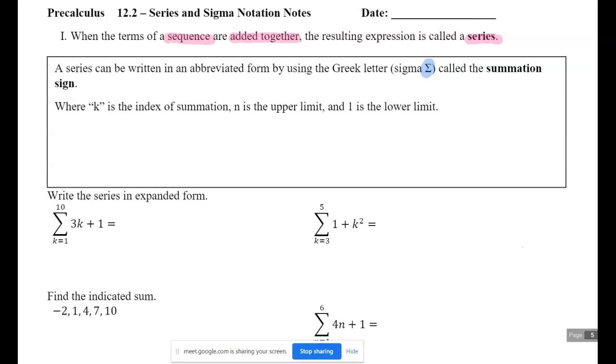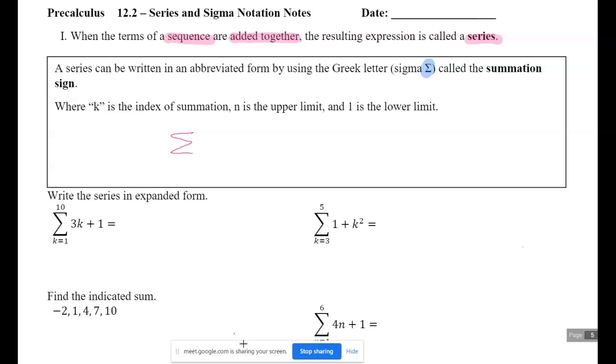All right, so now we're going to write what a series looks like in general form. What you do is you write that fancy looking E, that sigma. Then on the bottom of the sigma, you put the lower limit.